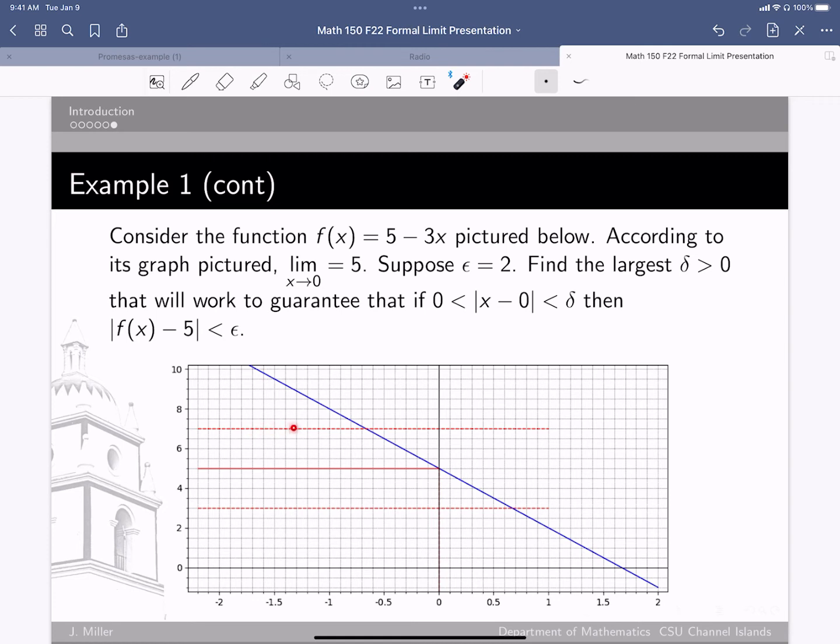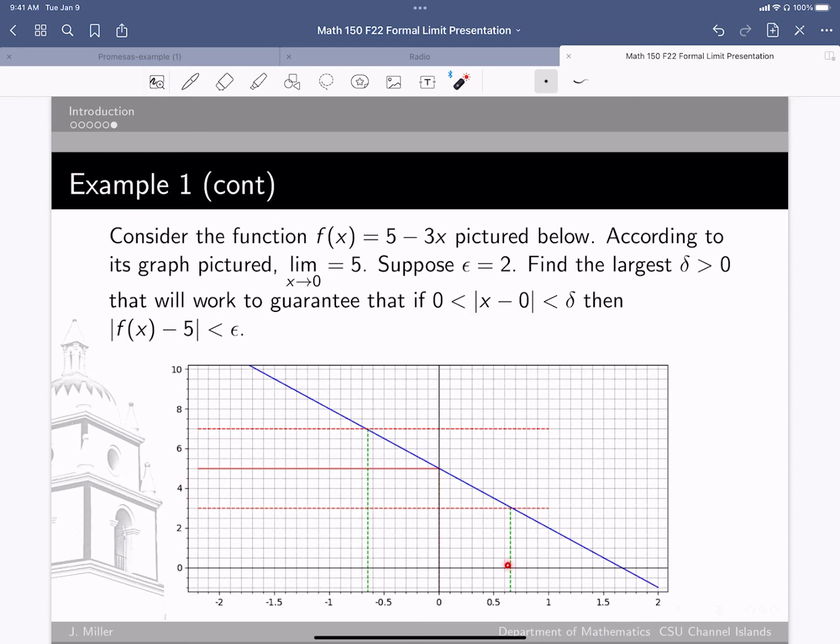So I'm going to come over here, look at this upper limit, and see where it intersects my function. I'm going to look at this lower limit, and see where it intersects my function. And now I'm going to draw lines down onto my input axis. So here I've got green dotted lines. These lines have the property that if you pick an x within the interval bounded by these lines, it goes up as an input, and then we can go over here as an output, and we can see the output is within that interval that we wanted to stay within.